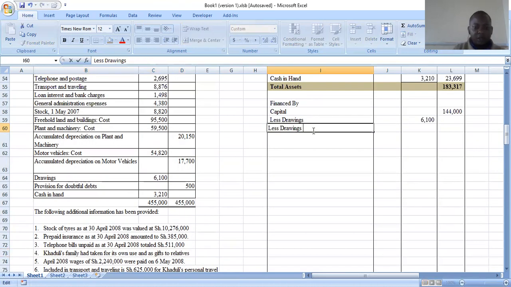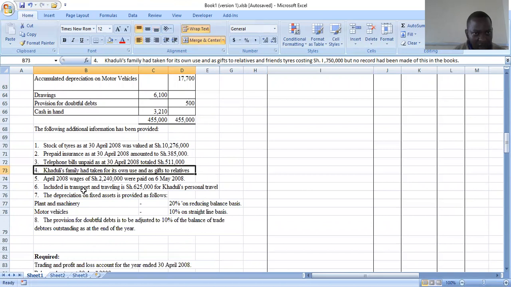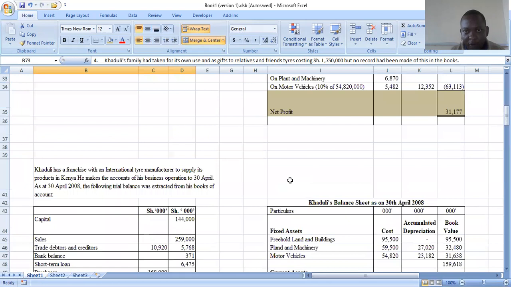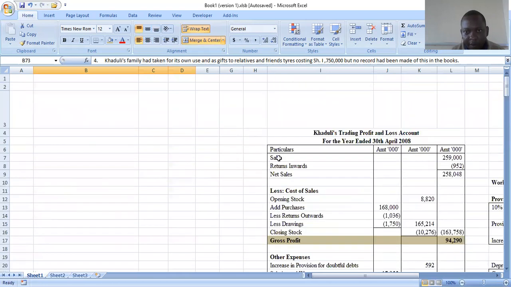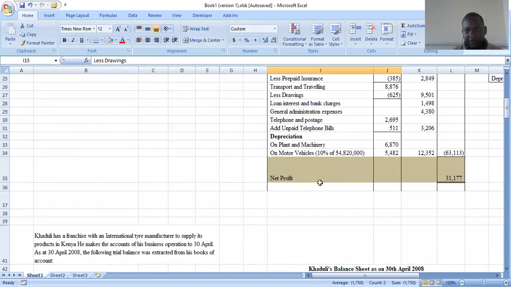So drawings of tires. How much had he taken out? It was 1750.